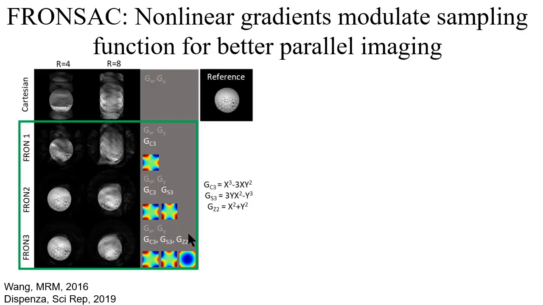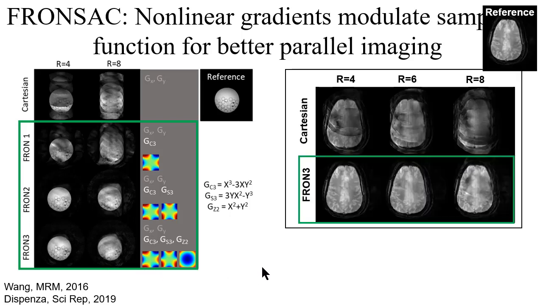And at the end of the day, we end up doing a much better job of sampling those gaps in an undersampled trajectory. So for example, here's the Cartesian trajectory undersampled by factors of 4 and 8, and you can see the reconstruction is very poor. There are a lot of aliasing artifacts. But when we add these nonlinear gradient moments, we do a much better job in the reconstruction.